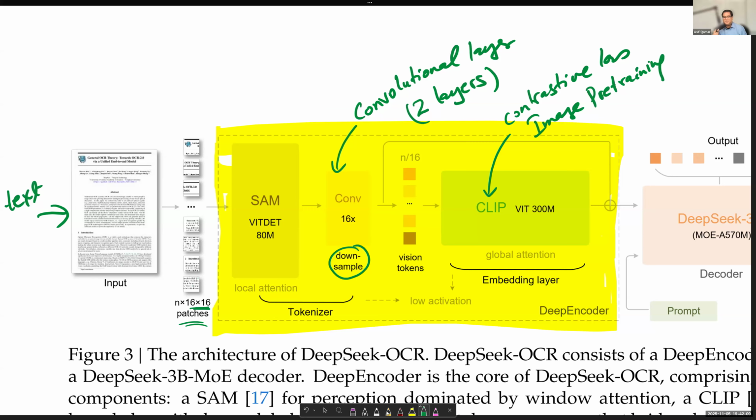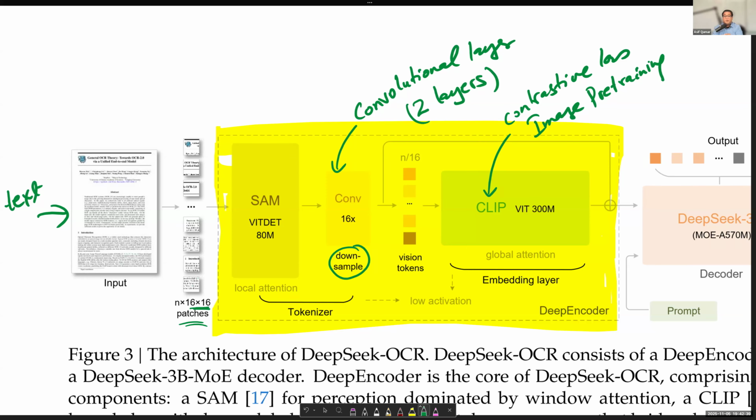Why would I want to pass it through CLIP? Each of these patches has observed the other patches, so they have all gotten contextualized. They have had their windowed attention and are contextually rich within the window. But what they don't have is global information, because in this process they could pay attention only within a window of patches. They couldn't pay attention outside the window.